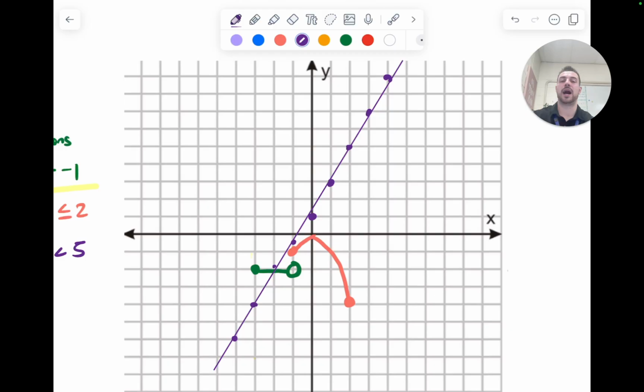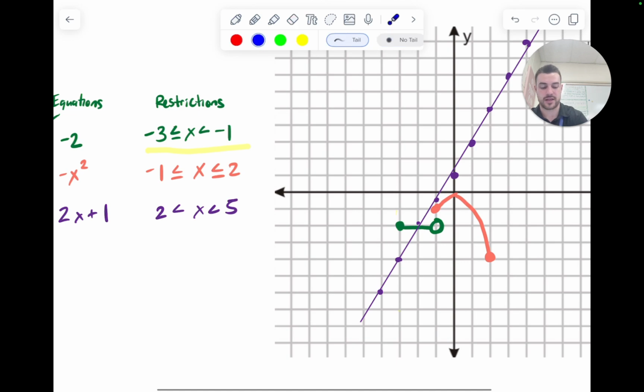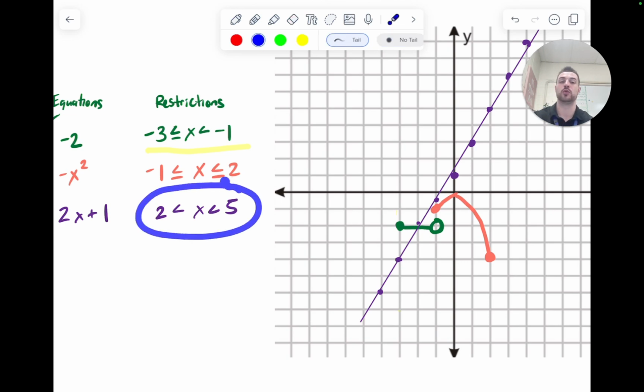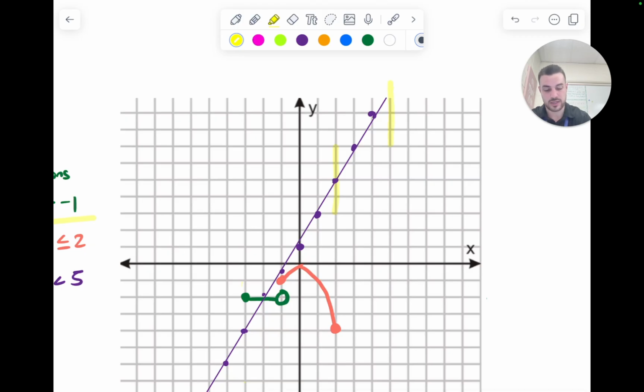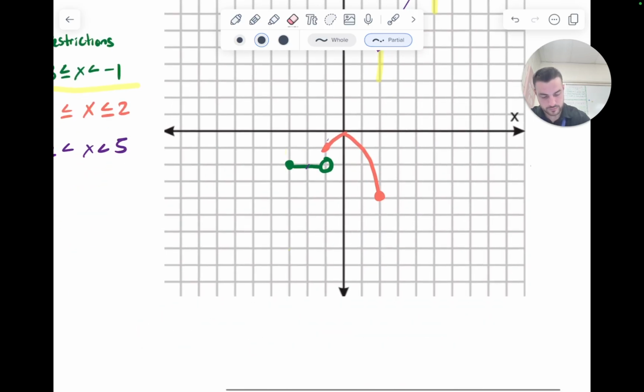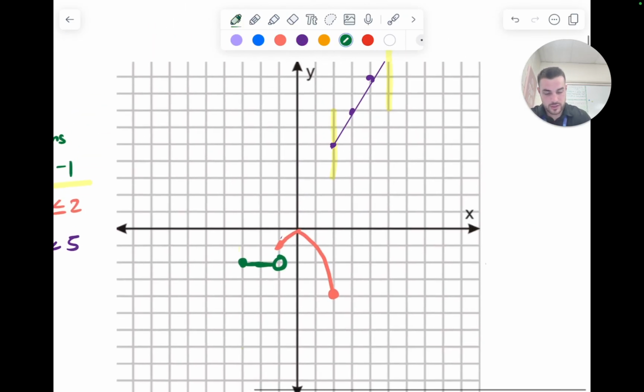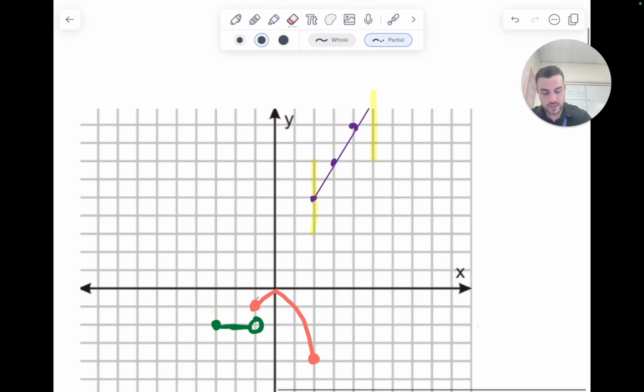Now I don't want the entire thing, so I'm going to erase the pieces that are outside of this restriction. I only want between 2 and 5, so it really leaves us with from here to here, and I'm going to erase everything else. And again, I've got to fix my green line here, and then I can fix my pinkish one.